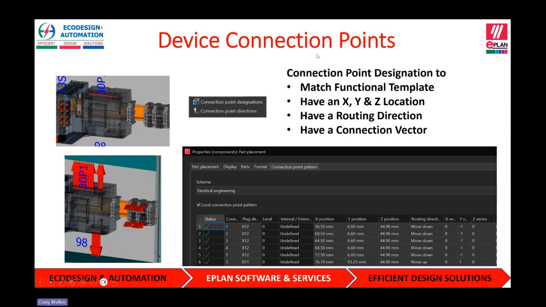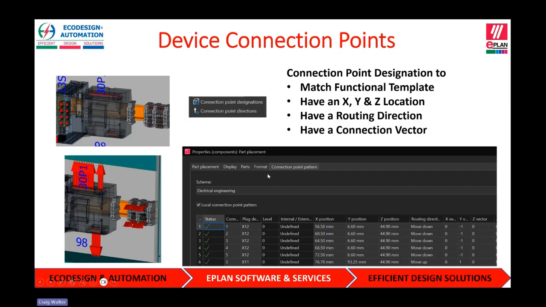Talking about device connection points, you can view it under the view menu in your 3D space. On the left-hand side here, you can see it turns all the objects transparent when you click on it, and it places these red squares, these red cubes. These are actually the device connection points. Each one of these has an X, Y, and Z location, and it's saved similar to a drilling pattern in that it's saved as a connection point pattern.